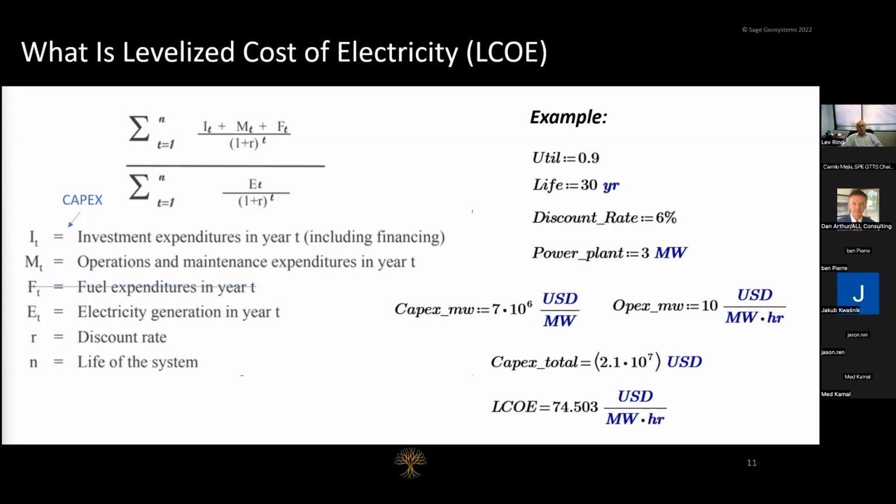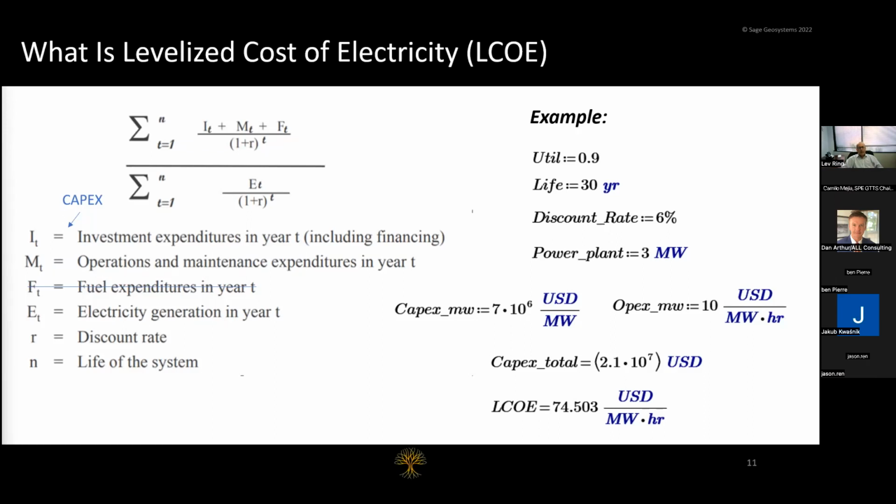And we will also assume that our capex per megawatt is 7 million, and opex is 1 cent per kilowatt hour. We substitute and we find that LCOE is $74 per megawatt hour, or 7.5 cents per kilowatt hour. So if we cannot sell for more, well, too bad, then our business loses money.